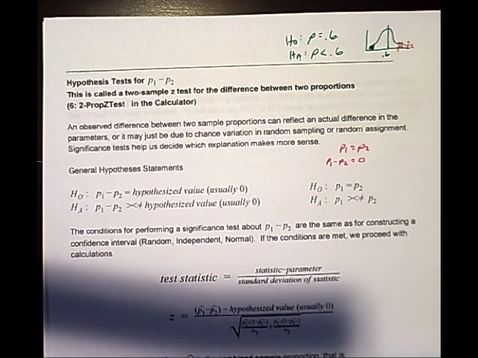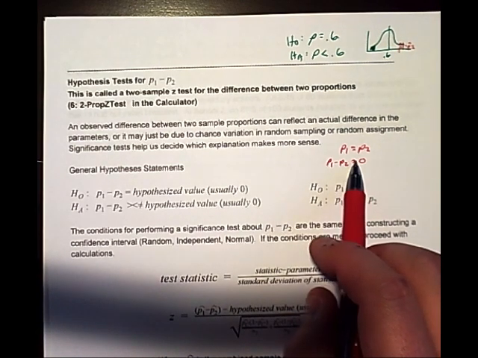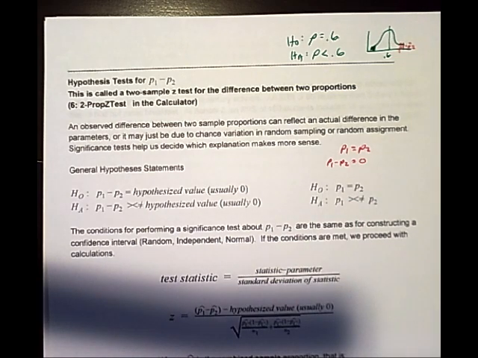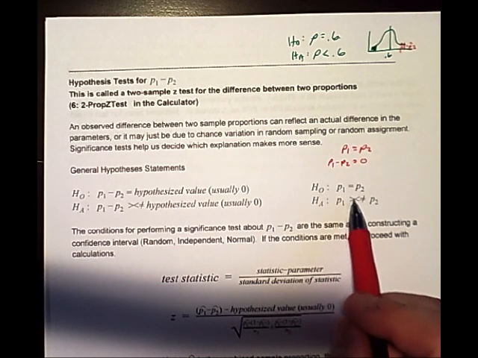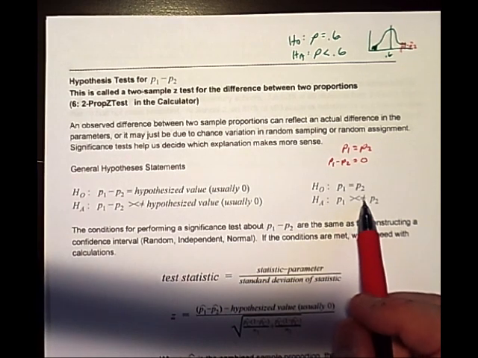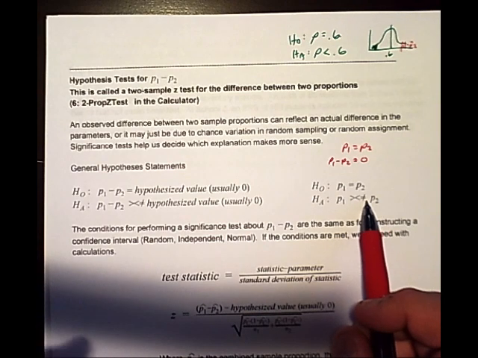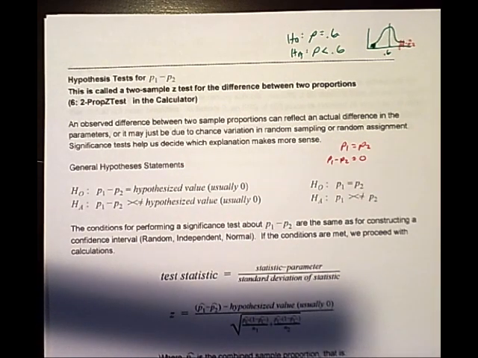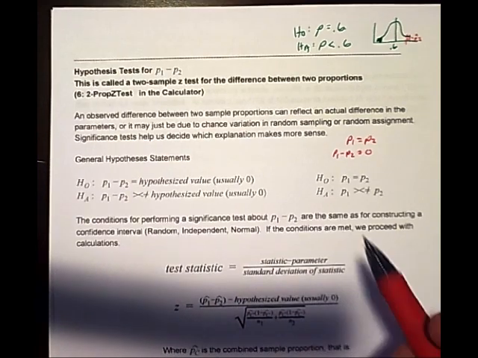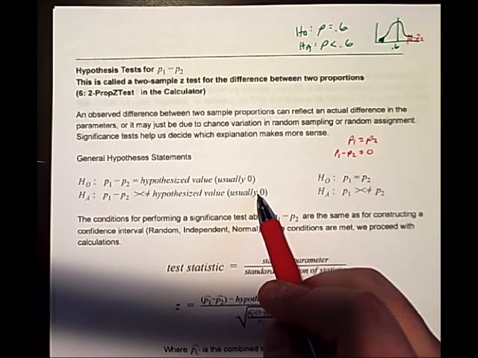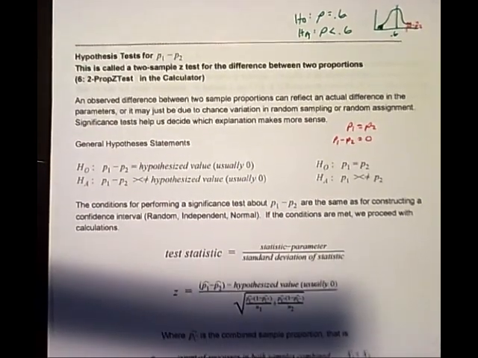I'm just manipulating that equation. All right, so we're going to assume that the difference is 0, that there's really no difference between the true proportions. And our alternative is either going to be greater than, it's going to be less than, or it's going to be not equal to. That would say there is some sort of difference. One is less than the other, okay? And usually it's 0. Usually that hypothesized value is 0, all right?